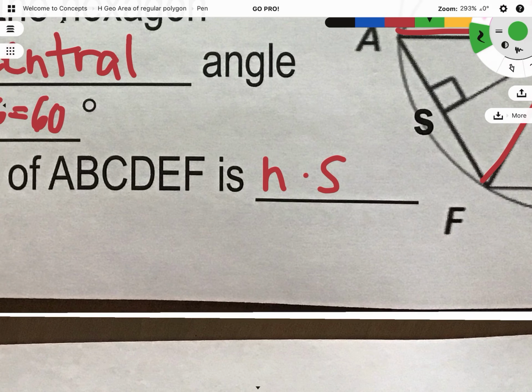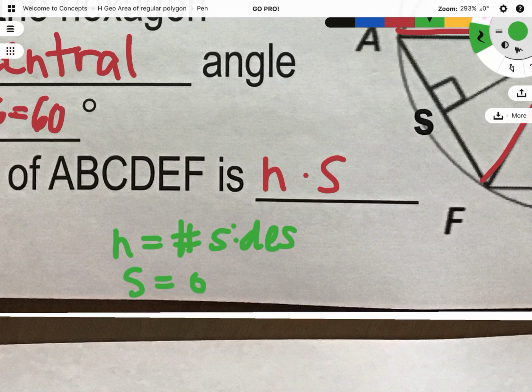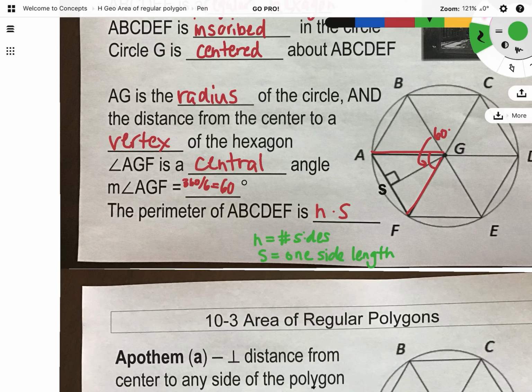So let me write that out: n is equal to the number of sides, where s is equal to the one side length. We're going to be using all this information in a little bit.